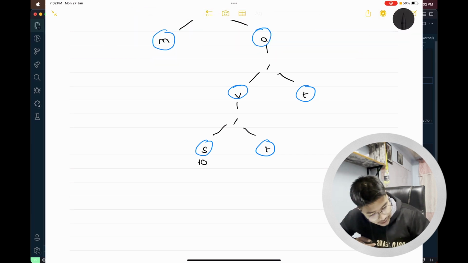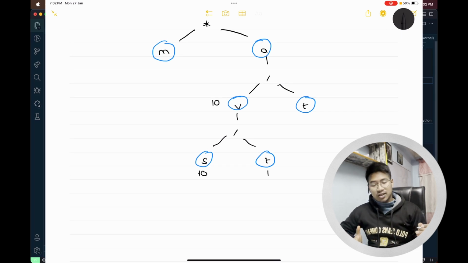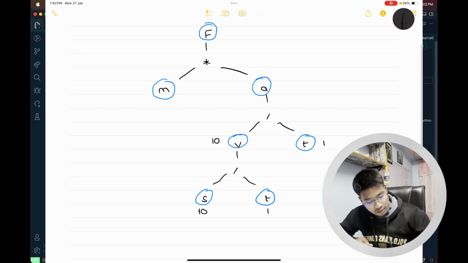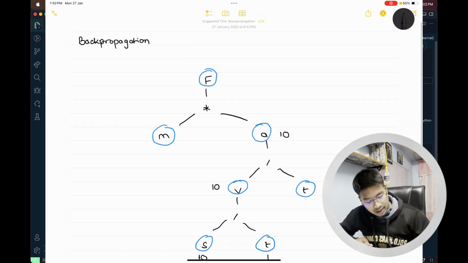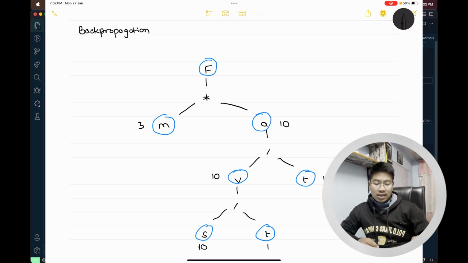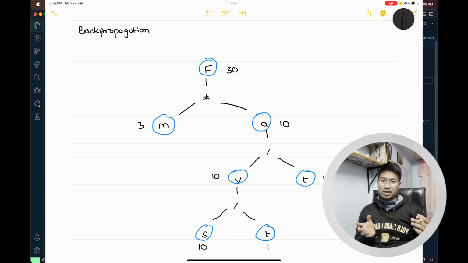So this is 10, this is 1. When you divide 10 by 1, you get 10. That would be the value for your velocity. Your time is again 1, so your acceleration is also going to be 10. And what about your mass? We know it is 3. So 3 multiplied by 10 will give you 30. That's how you obtain your force, 30.